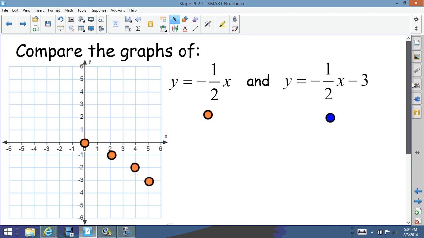So we constantly repeat that pattern, go 1 down and 2 over. Notice how the dots are lining up for this equation. Now we can do the opposite, go 1 box up and 2 boxes over in the opposite direction. So again, 1 box up, 2 boxes over in the opposite direction. Notice how all the points are nice and neatly lined up. All we need to do is get our line tool and draw a straight line connecting all of our dots. So this graph is the equation y equals negative 1/2 x.